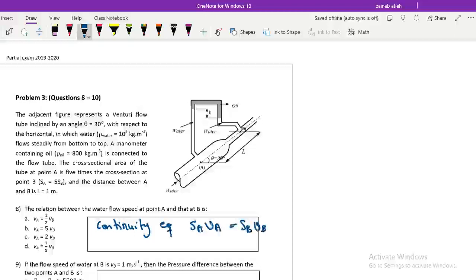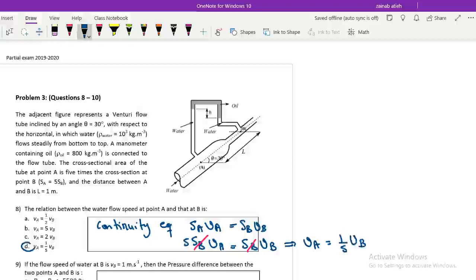S is the area, because he named it S. We have SA equal to 5 SB, so I will replace it: 5 SB VA is equal to SB VB. SB with SB cancelled. I'm searching for VA, which implies VA is equal to 1 over 5 VB. So the correct answer is D.